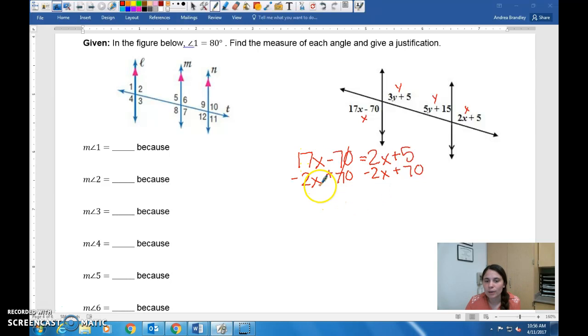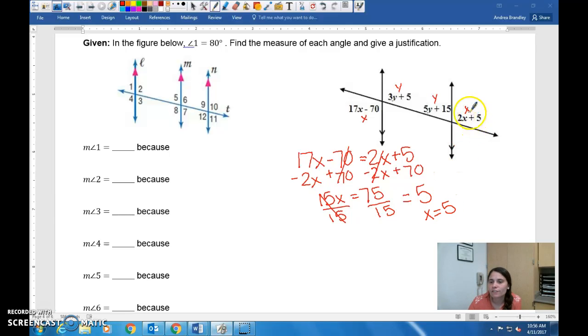So 17x minus 2x is 15x, and 5 plus 70 is 75. To get x by itself, I divide by 15 on both sides. The 15's cancel, 75 divided by 15 is 5, so x equals 5.